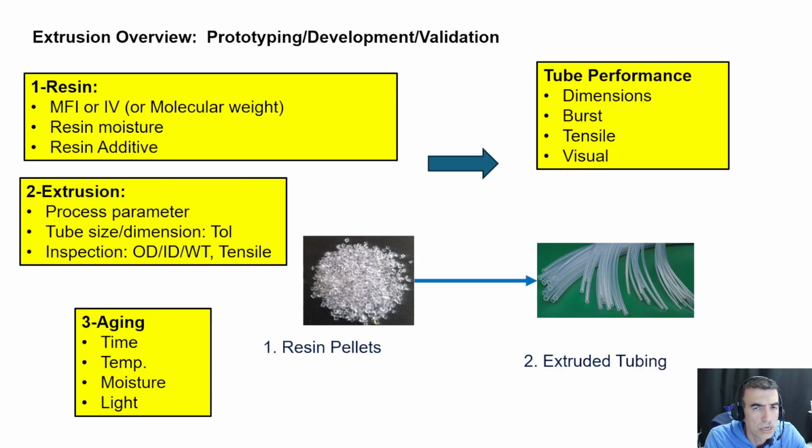So extrusion would come into play when you have a wall thickness of greater than 2 thou. Below 2 thou it is very difficult to control the extrusion process. So 2 thou and above is when we start doing the extrusion. Basically, the principal mechanism is that you melt the pellets and you form it into a continuous tube form.